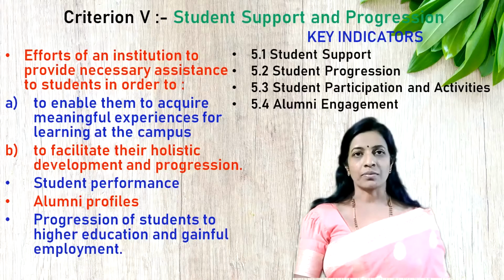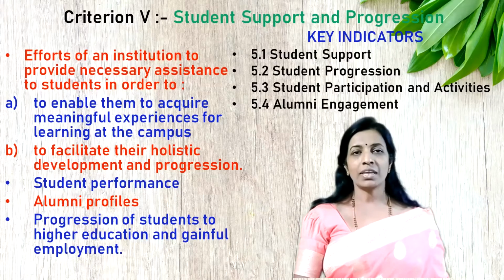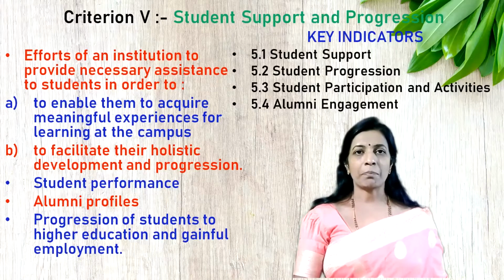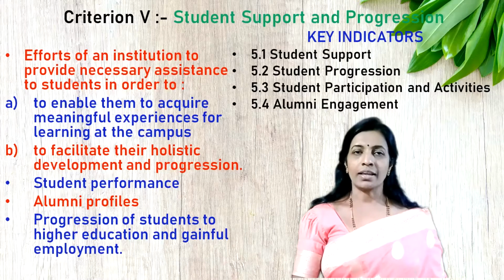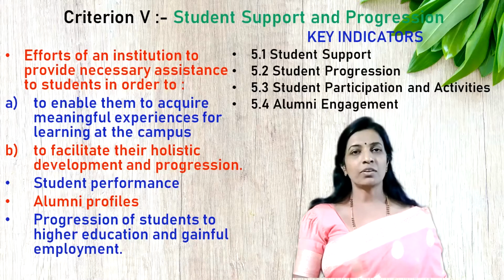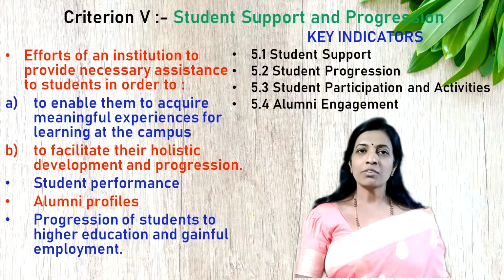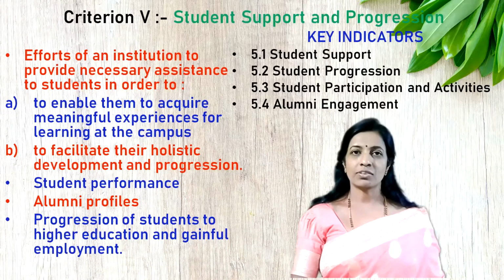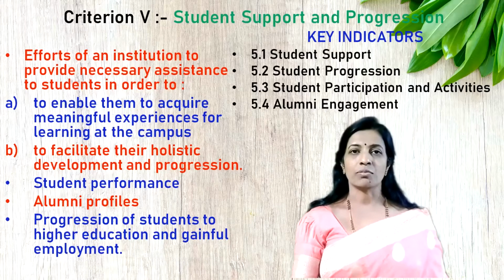Student progression. Whether proper steps have been taken by the higher education institution for the holistic development of the student. As per the NAAC guidelines, it is the responsibility of the higher education institution to transform these students into socially responsible citizens who can make meaningful decisions not only for themselves but for their community also.